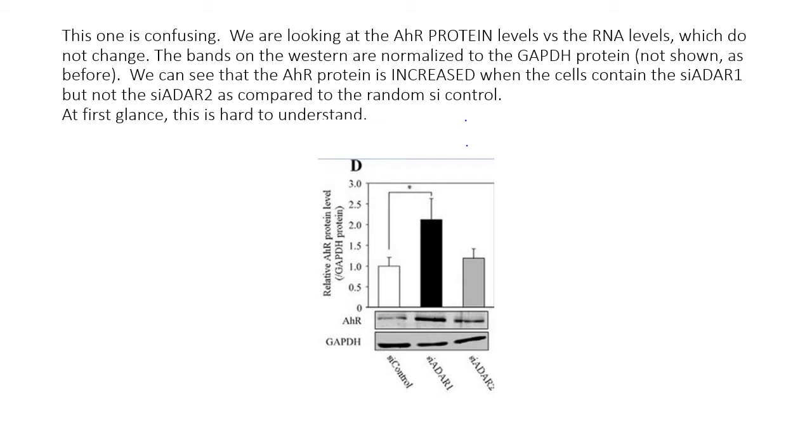The slightly surprising result is that when you silence ADAR1, the aryl hydrocarbon receptor protein actually goes up, even though we know the amount of RNA was exactly the same. In a similar experiment, we silenced ADAR2, and that has no effect on the protein. So silencing ADAR1 somehow leads to an increase in the amount of protein produced from the aryl hydrocarbon RNA. At first glance, that's a little hard to understand.